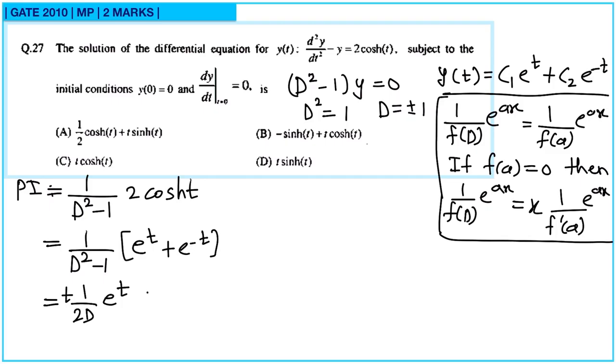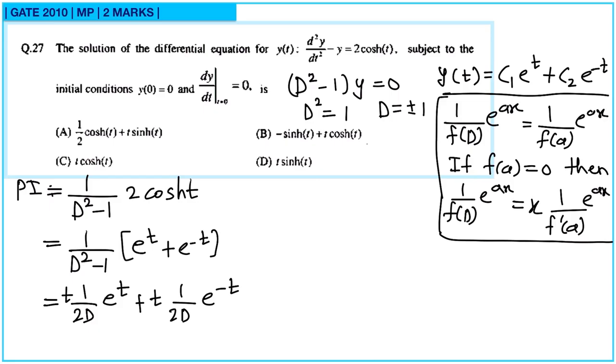Similarly here as well, we will have minus t, because here it is minus t, and then 1 upon 2d into e raised to minus t. Here it will be plus only, then we will substitute it.